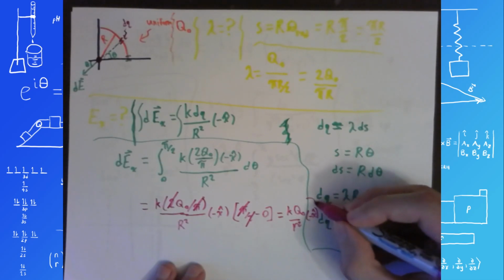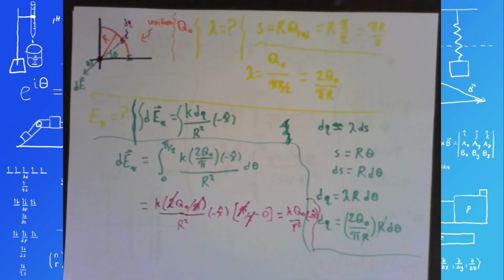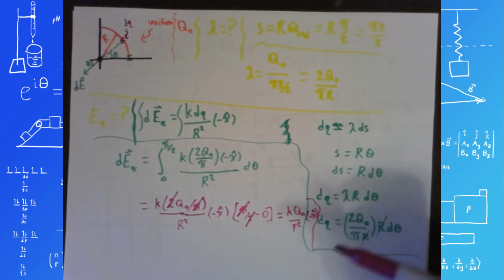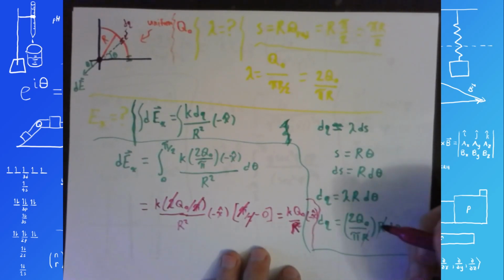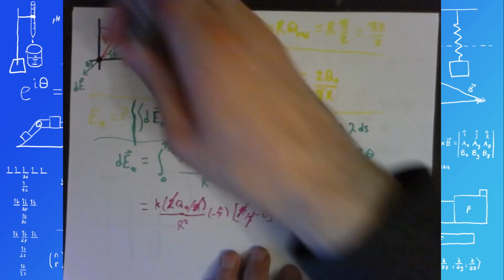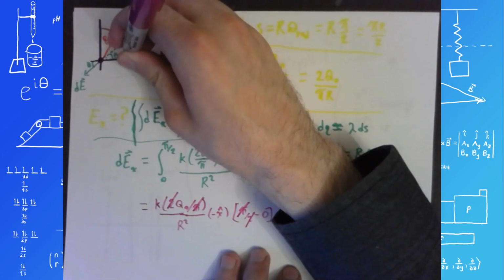I know it kind of spilled over into this section, but interesting. So this is the same electric field we would have gotten from a point charge that was placed right here.